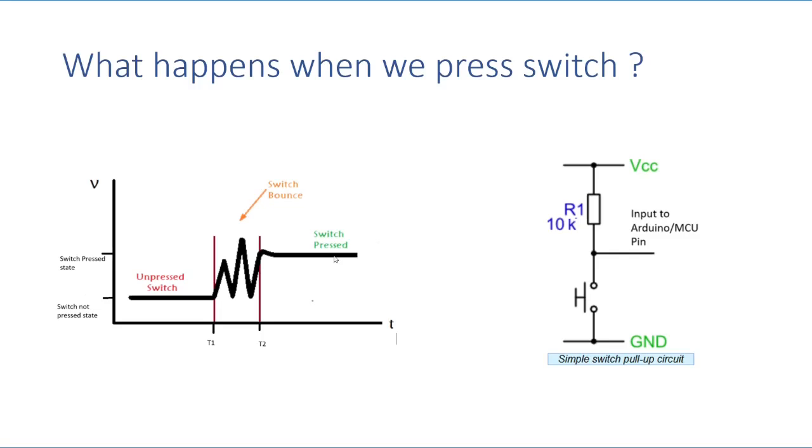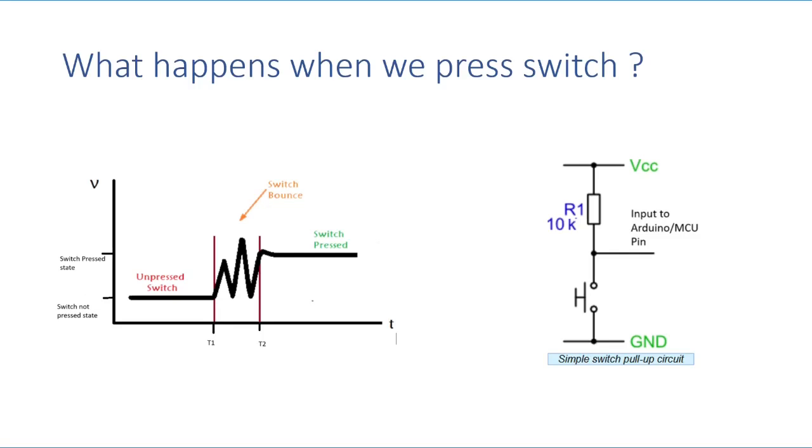When the switch is pressed, there will be some variations in the voltage level. Because of that, when we read the switch input from the software, there is a chance that we detect the switch before it has settled down, and these vibrations can also happen on release.